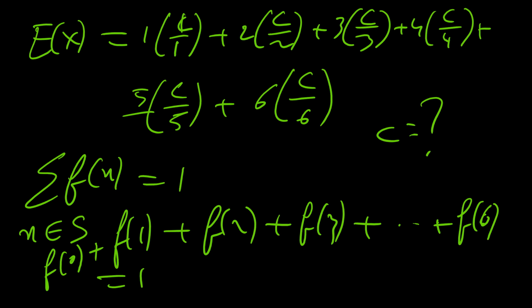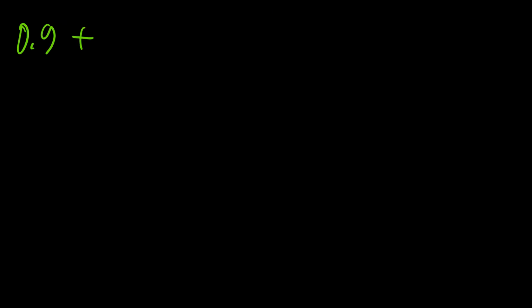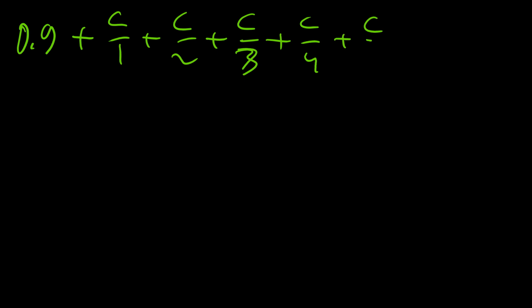c over 1 plus c over 2 plus c over 3 plus c over 4 plus c over 5 plus c over 6, and this must equal 1, because the sum of probabilities must equal 1.